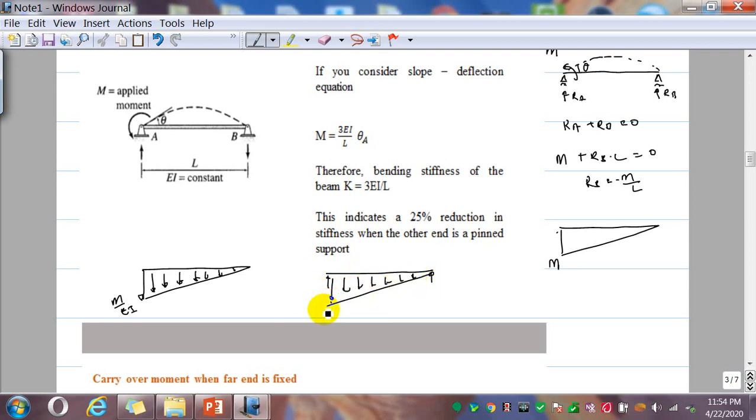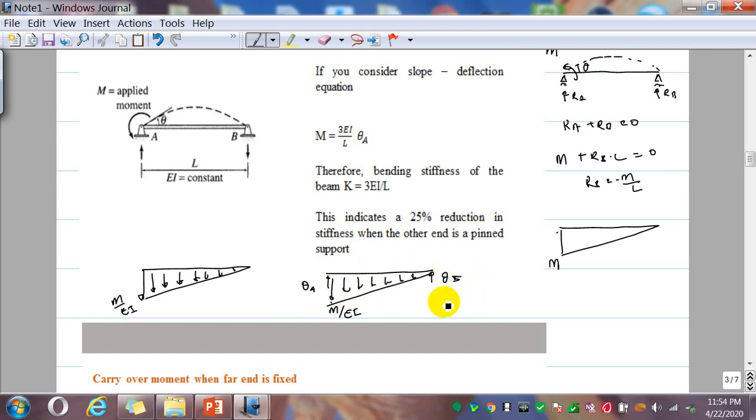If I get the equilibrium condition, here it is theta A, here is theta B.